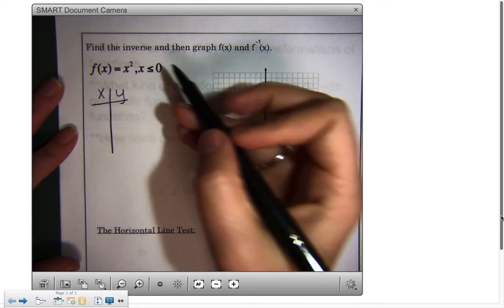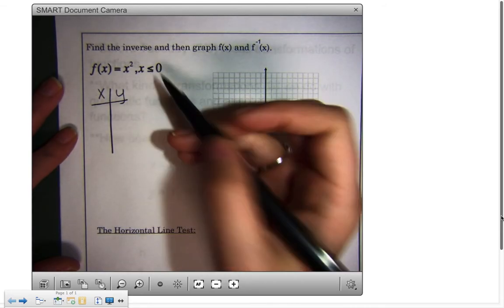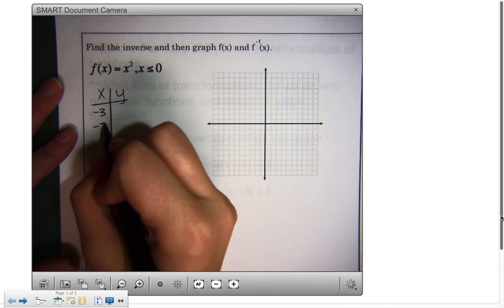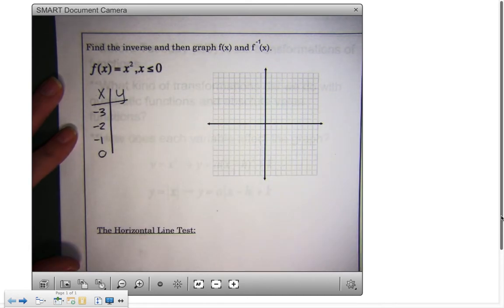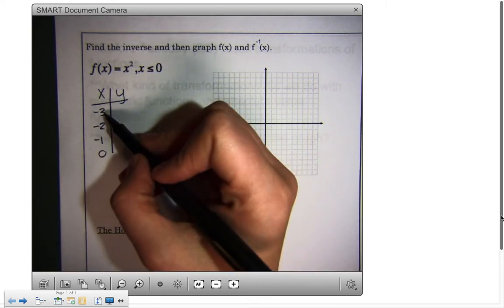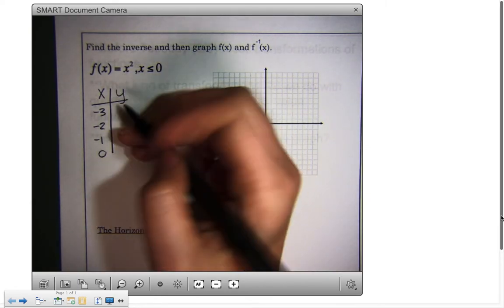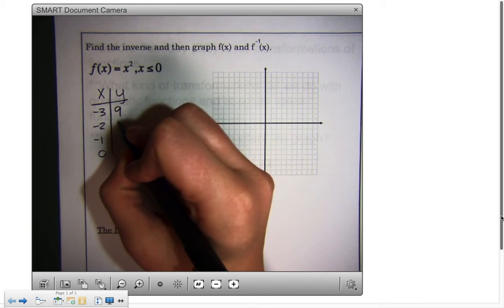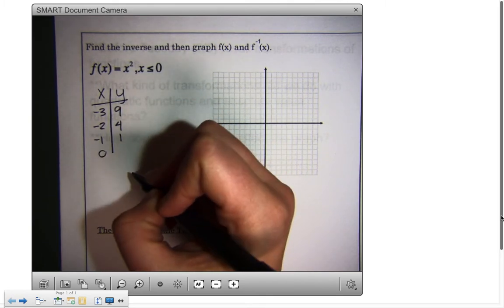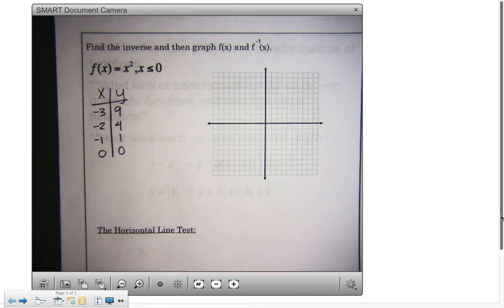I need to pick x values that are less than or equal to 0, so maybe I pick -3, -2, -1, and 0. Plug each one into your function. -3 squared is 9, -2 squared is 4, -1 squared is 1, and 0 squared is 0.